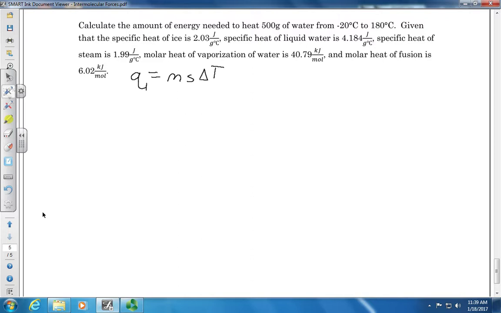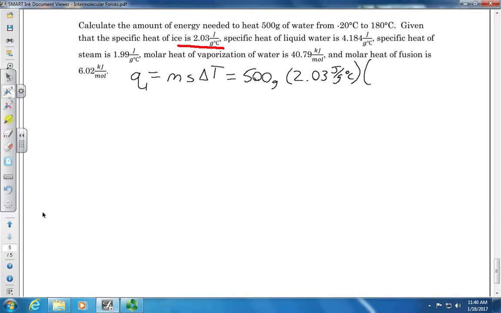Q sub 1 is going to equal 500 grams times our specific heat of ice, which is right here, 2.03 joules per gram degrees C, and then multiply that by the change in temperature from negative 20 degrees to 0.